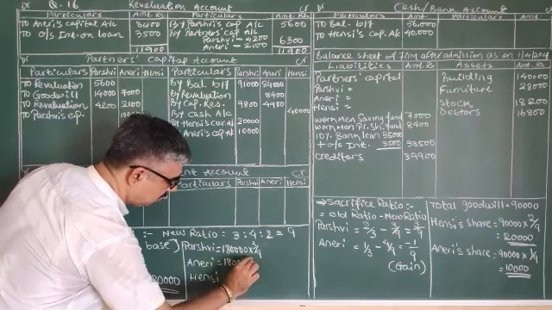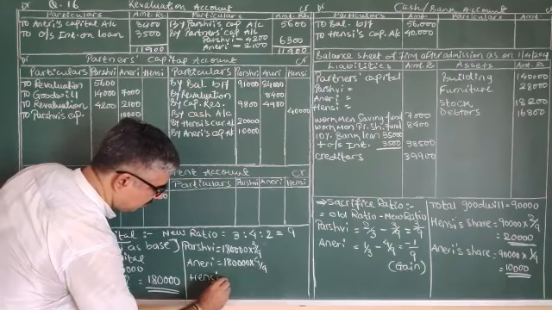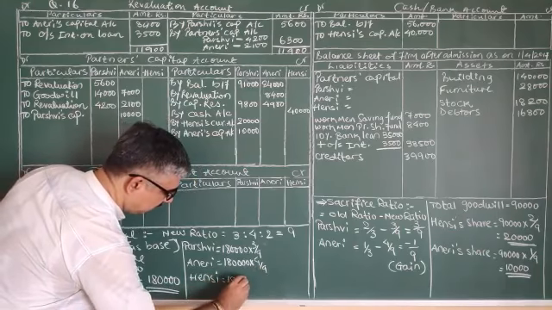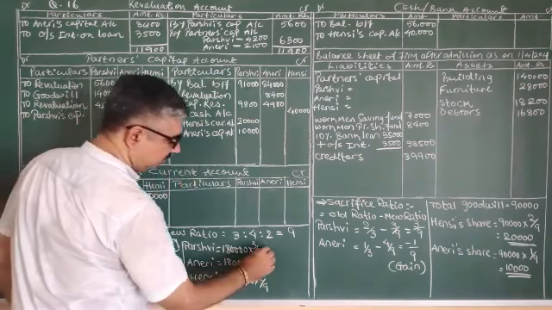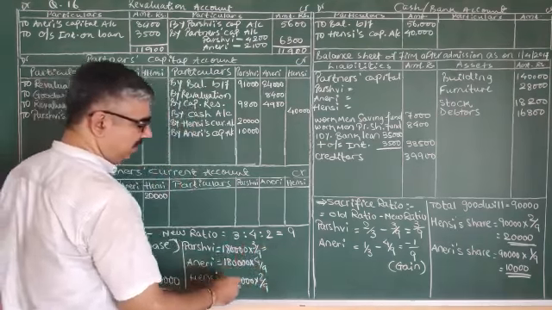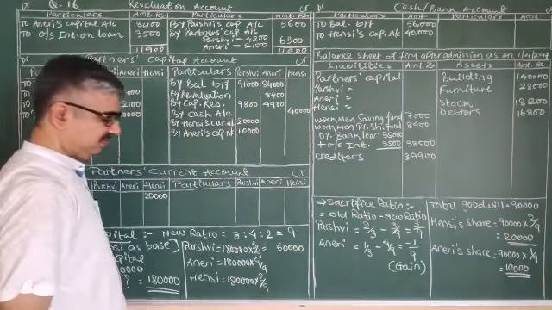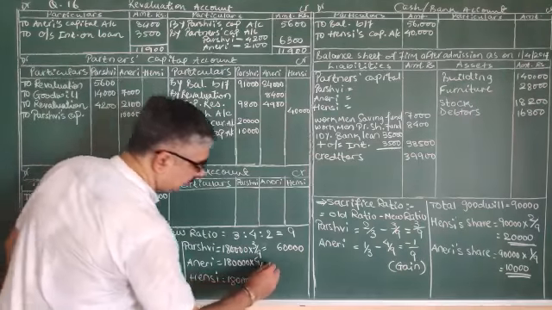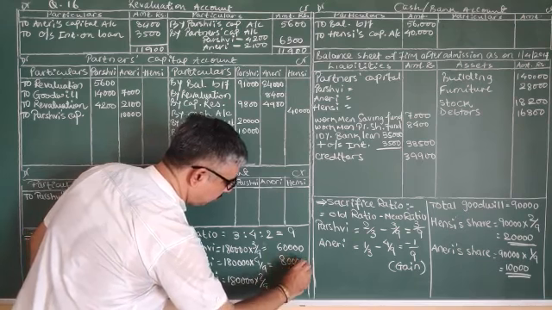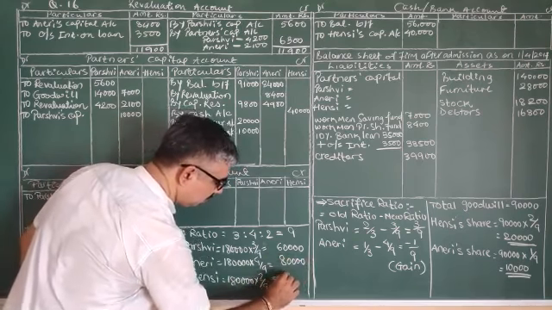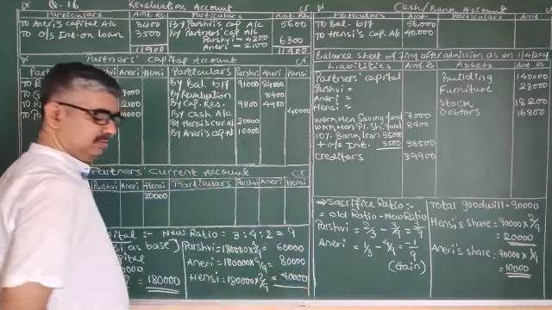1,80,000 into 4 by 9, and 1,80,000 into 2 by 9. So you will get 3 by 9, 60,000, this is 80,000, and 40,000.